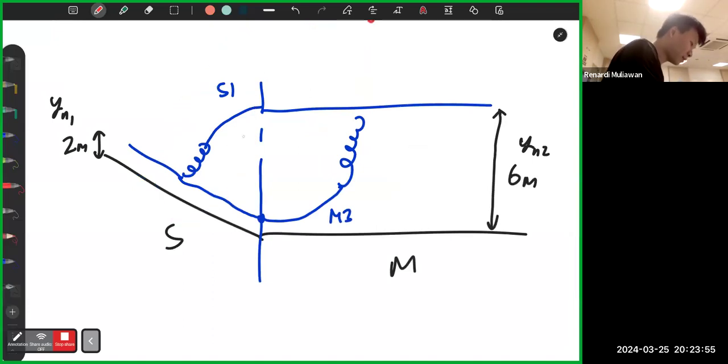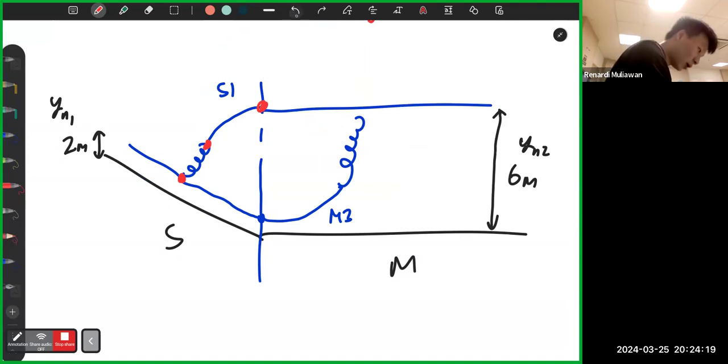The conjugate depth for this curve is actually this one, with 2 meters depth. It's not 6. It's only right before and right after the hydraulic jump.